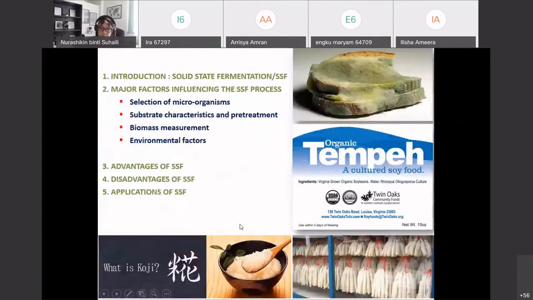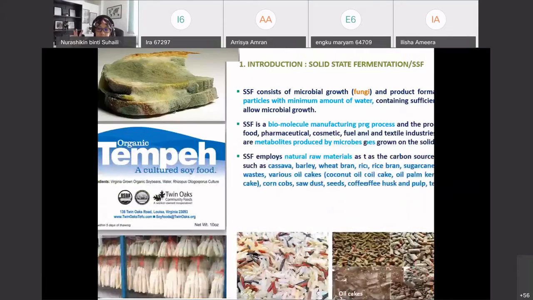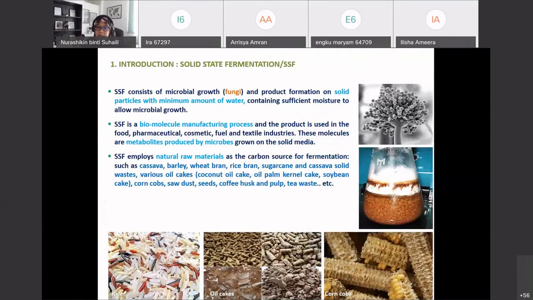Before that, what we're going to talk about in this lecture is solid state fermentation in the lab, or artificial fermentation. I mentioned before that fermentation can occur naturally or it can be triggered, or created, in the lab.